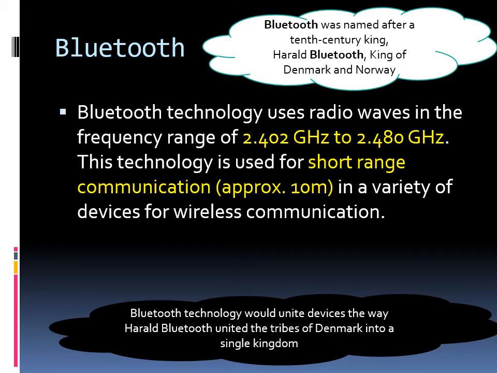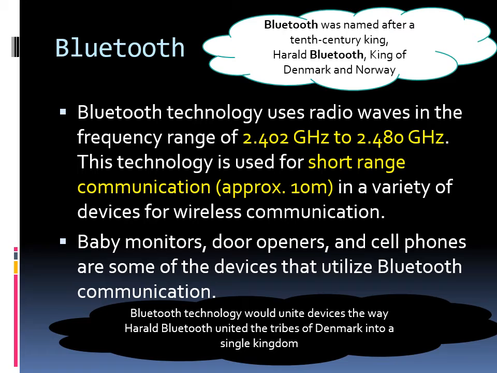It uses radio waves. The frequency range is 2.4 GHz, and it covers only short range communication, approximately 10 meters. Example applications are baby monitors, door openers, and cell phones.